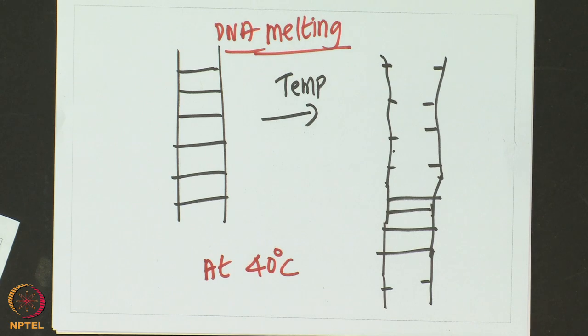This is a question that we can ask. If I do this experiment at 40 degrees Celsius, what I would see is that even at 37 degrees Celsius, the hydrogen bonds of the DNA double strand would occasionally be broken, and they will reform.